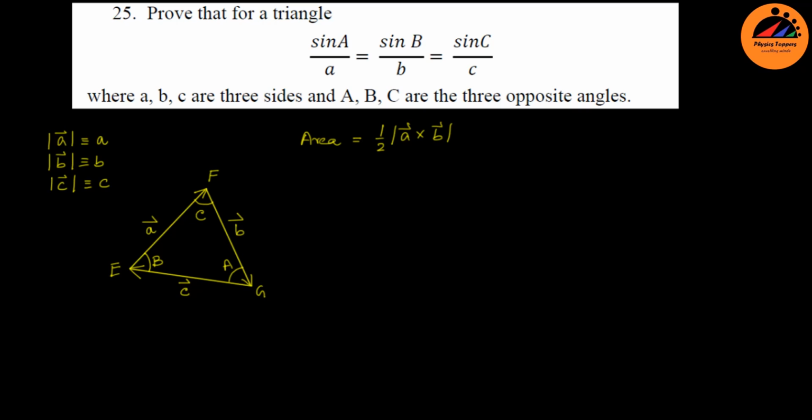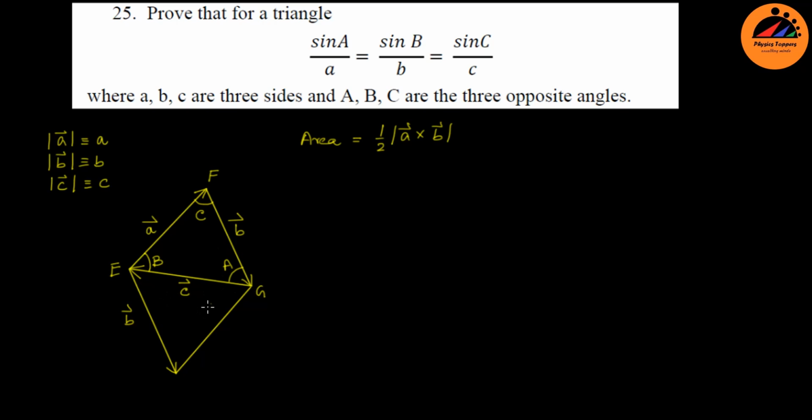If you find A cross B, let's slide the B vector so that it becomes parallel to itself and it touches the same point where A originates. So this is the B vector, and let's make a parallelogram out of it. So this is the parallelogram.